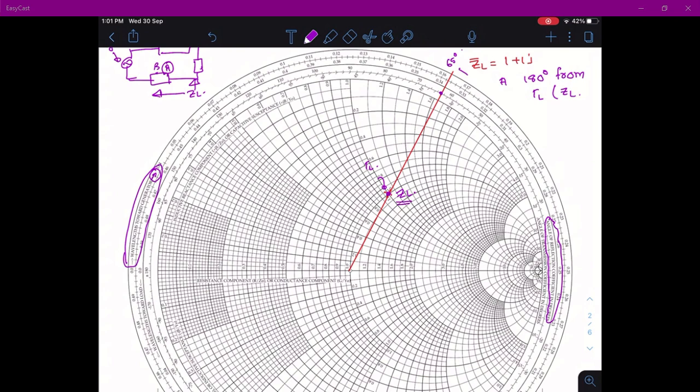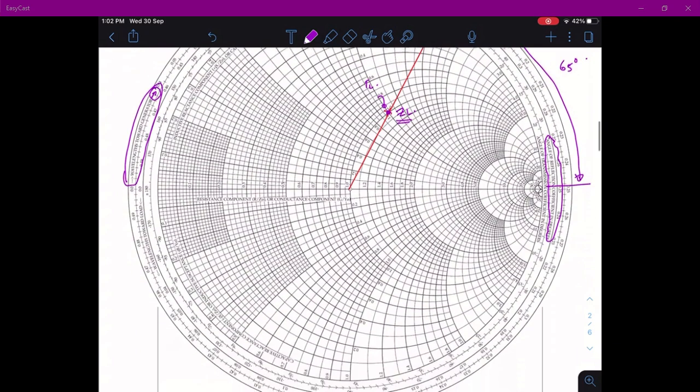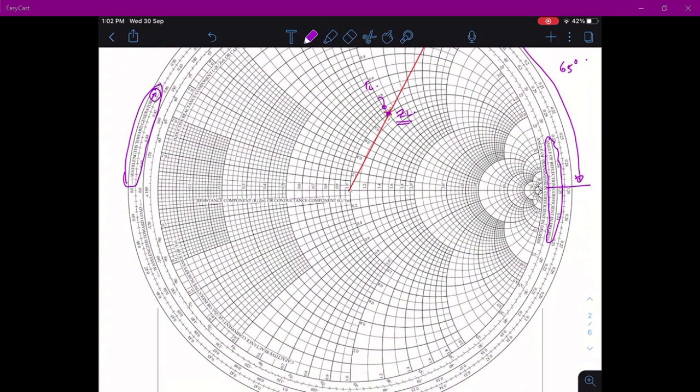So once you move towards the generator 65 degree, once you reach this point, you have traversed 65 degree, and then you want to move 115 degree. So either you can extend this line towards here.